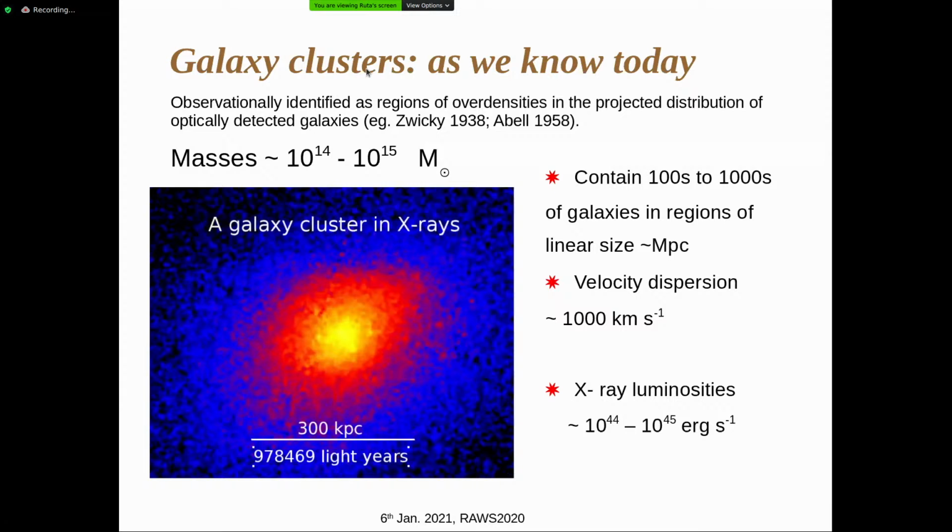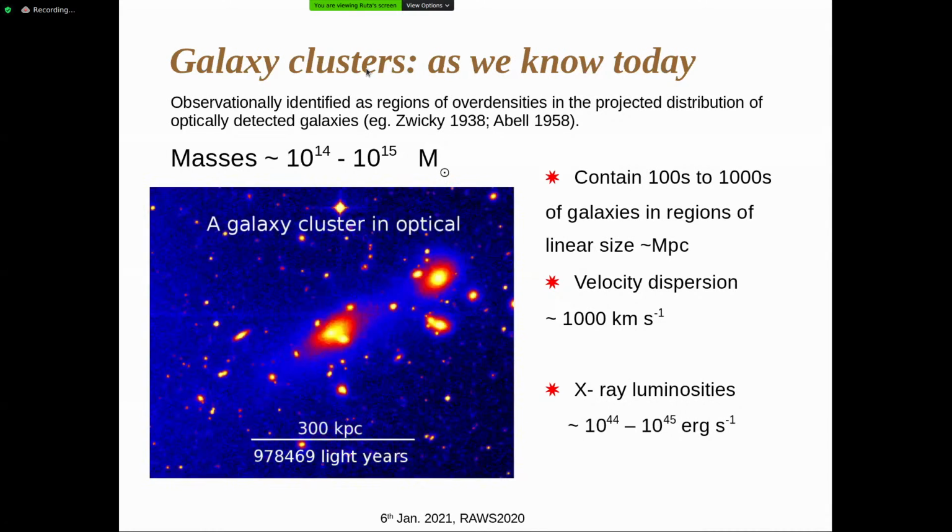These galaxies move in orbits decided by the gravitational potential of the galaxy cluster. If you measure the velocity dispersion of these galaxies, it comes out to be about 1,000 kilometers per second. So these galaxies are moving really fast in the cluster potential.